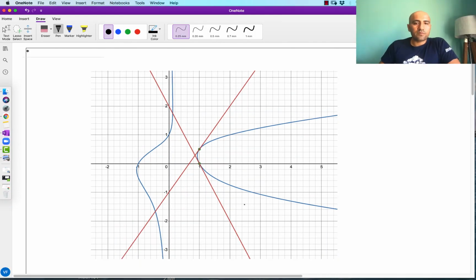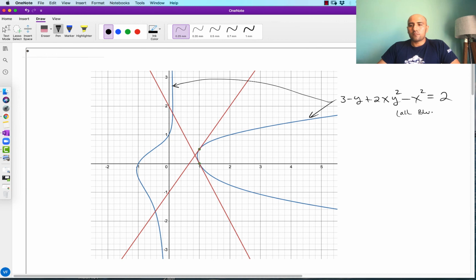Okay, so let's label some stuff then. Everything in blue, all of it, is our original equation. So this thing here is 3 minus y plus 2xy squared minus x squared equals 2. So both this one as well as that one, all of the blue, is our original equation.